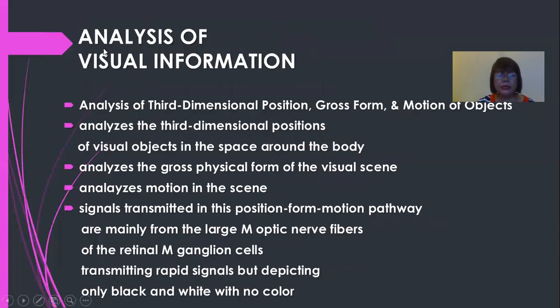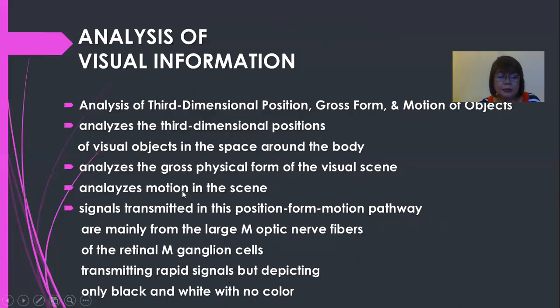It is also in the secondary visual area where analysis of three-dimensional position, gross form, and motion of objects occurs. It analyzes the 3D positions in space. It analyzes the gross physical form of the visual scene.